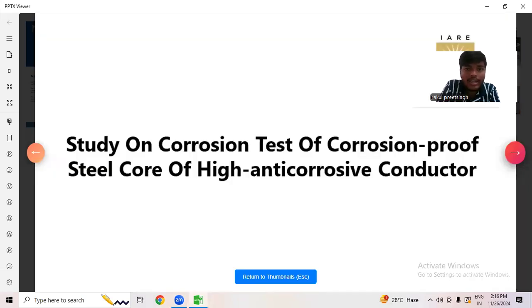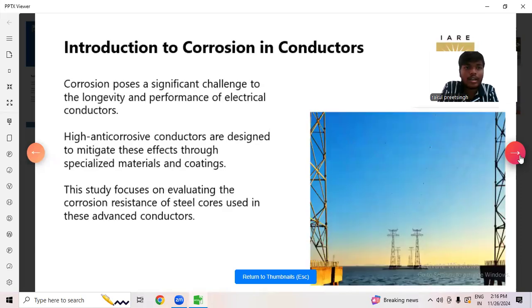Today's topic is a study on the corrosion test of the corrosion-proof steel core of high anti-corrosive conductor. This is an introduction to corrosion in conductors. Corrosion poses a significant challenge to the longevity and performance of electrical conductors.